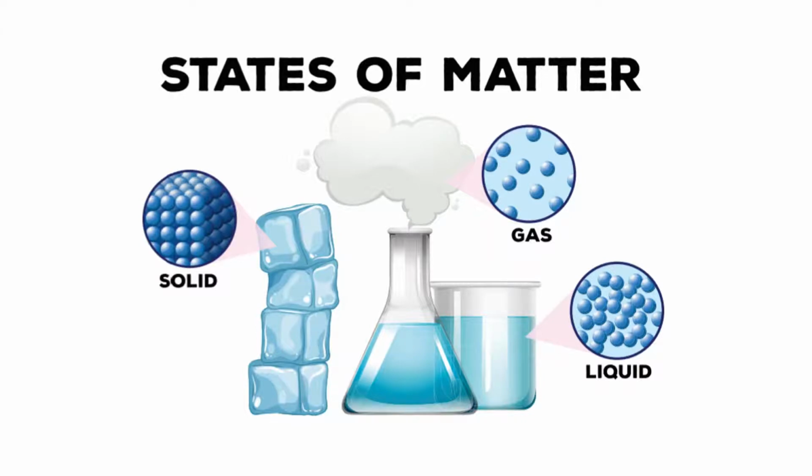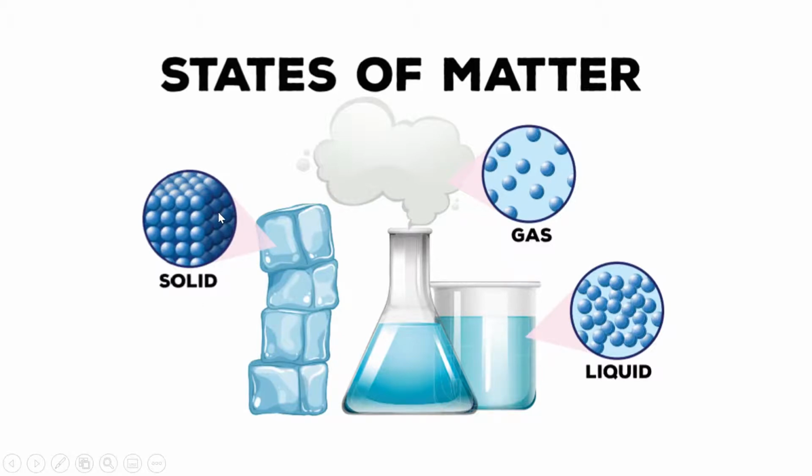Now look at the circles next to each state of matter. The small round balls drawn inside each circle show a magnified view of the solid, liquid, or gas particles. What do you notice about the particles of each of these states of matter? The solid particles are rigid, right here, and they're stuck together.